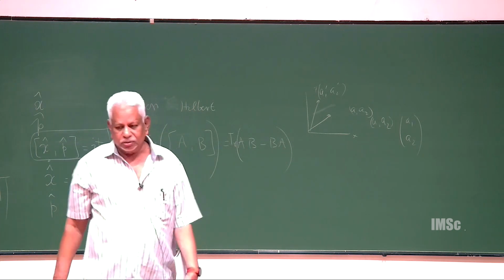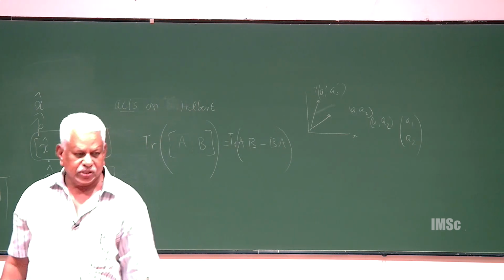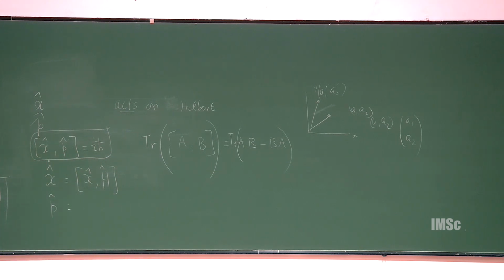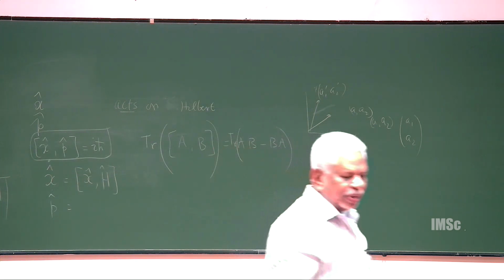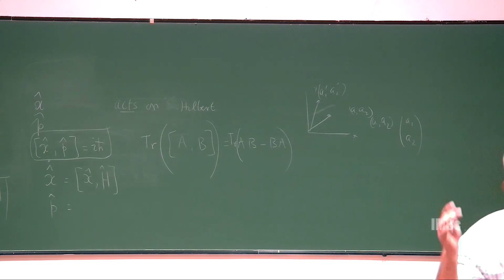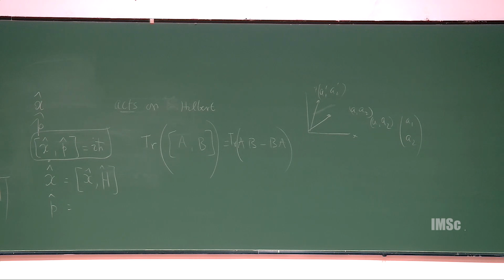A is a matrix, B is a matrix. You multiply it out and find out the trace. Okay, any finite 2 by 2 matrix, 3 by 3 matrix, 4 by 4 matrix, 10 by 10 matrix, 100 by 100 matrix, million by million matrix, trillion by trillion matrix, any matrix you write A and B, if you find the commutator of A and B, the trace of that will be always 0.